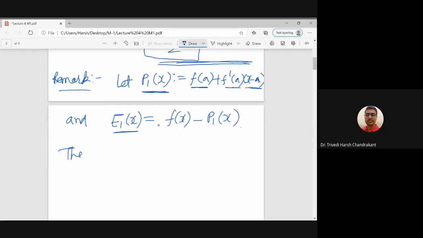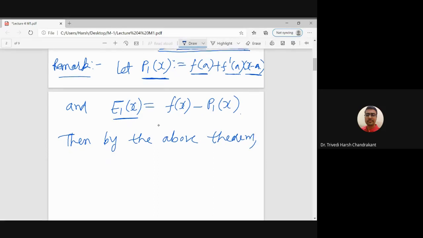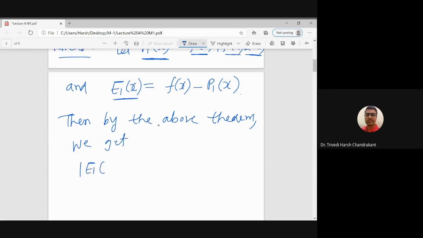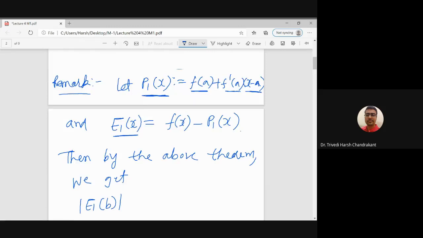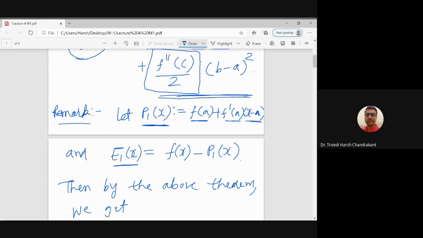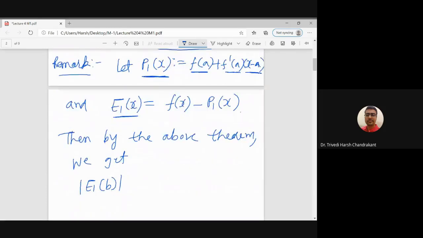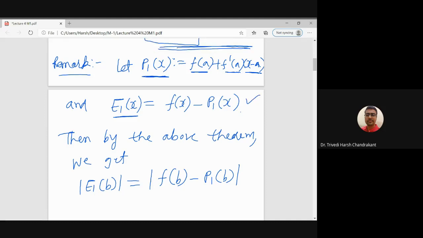So then essentially, by the above theorem, that is the extended mean value theorem, what we get is the modulus of e1 of b. So we are evaluating e1 at b, taking x equal to b here. So essentially we get the modulus of f of b minus p1 of b, just substituting x equal to b here.